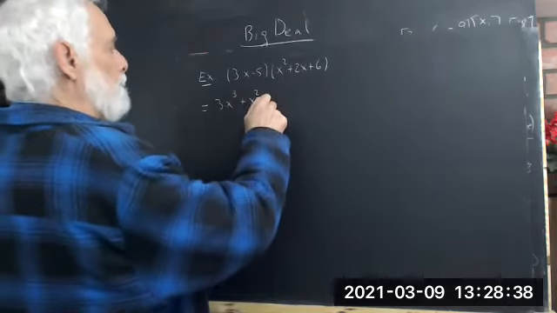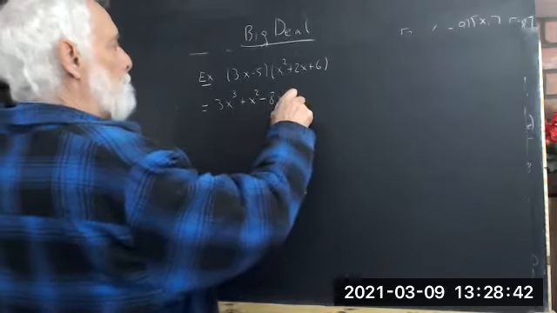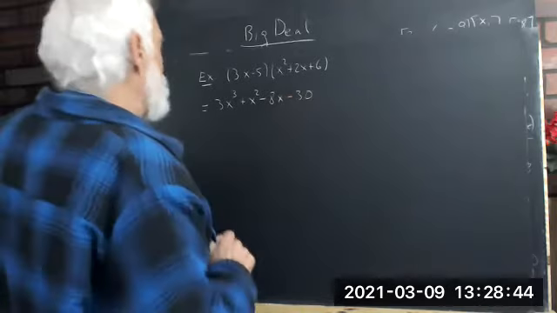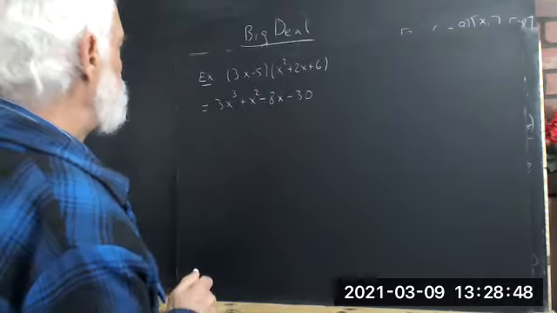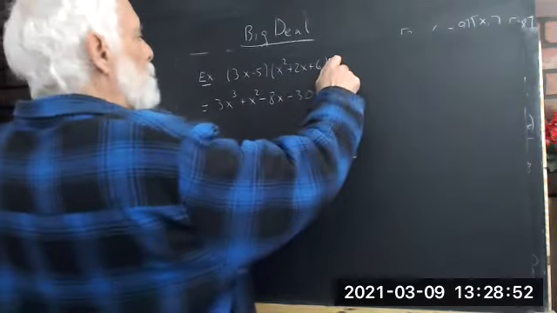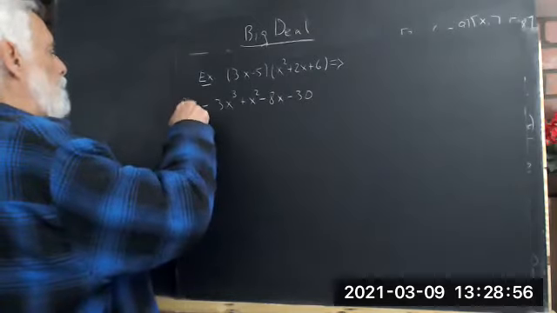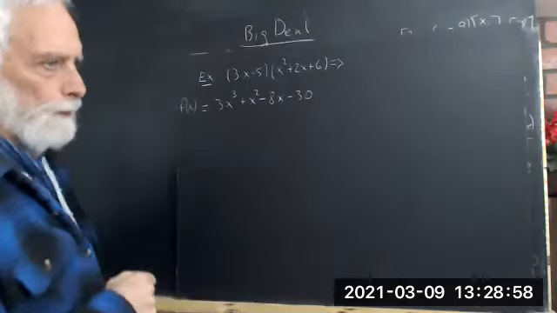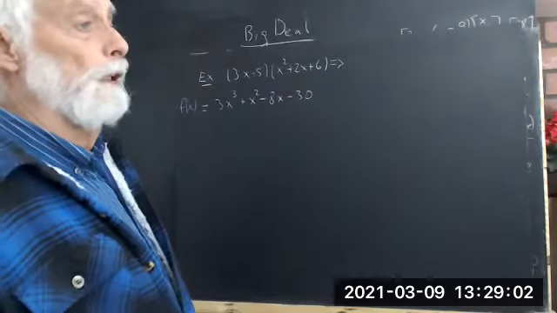Negative 5 times 2x is negative 10x. So we get negative 8x minus 30. So this gives us this equation. Now, again, if we didn't know where this came from, how would we figure it out?